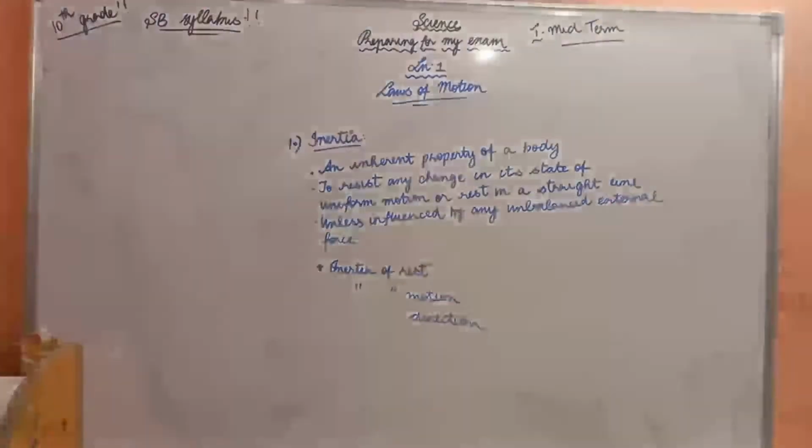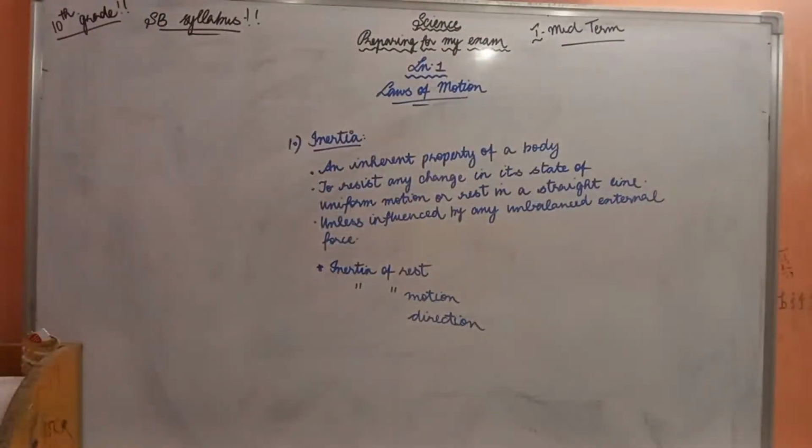So please look at the answer, guys. Let me explain. Inertia is an inherent property of a body to resist any change in its state of rest or uniform motion in a straight line unless it is influenced by any unbalanced external force.